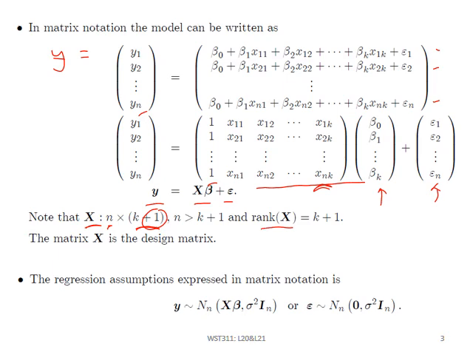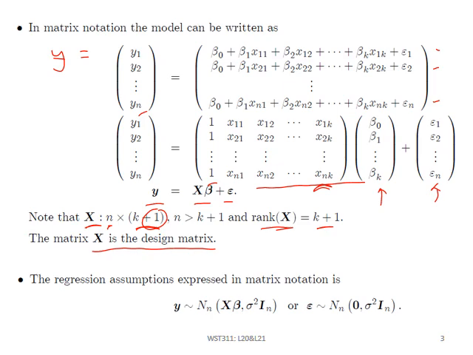Also, the rank of X equals k plus 1. The matrix X is known as the design matrix. The assumptions which we introduced on the previous slide can also be written in this matrix notation.